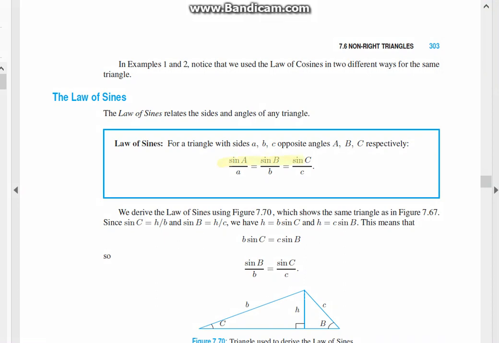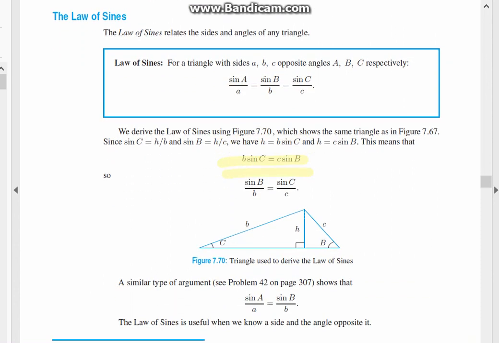We're going to try to remember this equation, which is a lot easier to remember than the law of cosines. It's just sine A over a, sine B over b, sine C over c: basically the sine of the angle over the side.